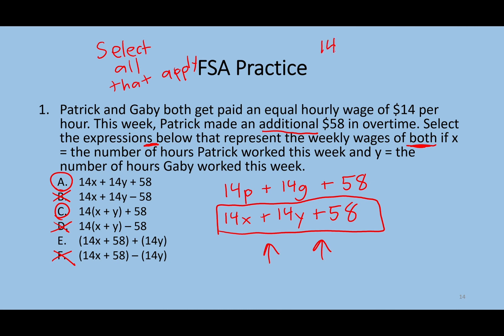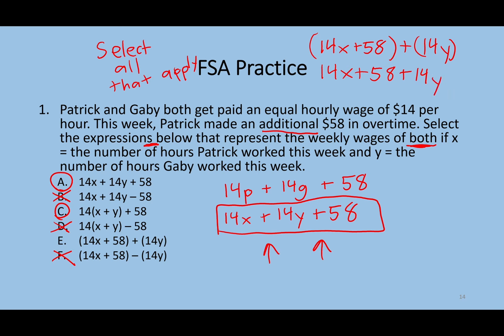Well, 14x plus 58, in parentheses, plus 14y. Okay, well, I see a lot of parentheses, but there's nothing to distribute. There's nothing in front to distribute to both numbers inside. I think I can just rewrite this: 14x plus 58 plus 14y. Now here's my question.